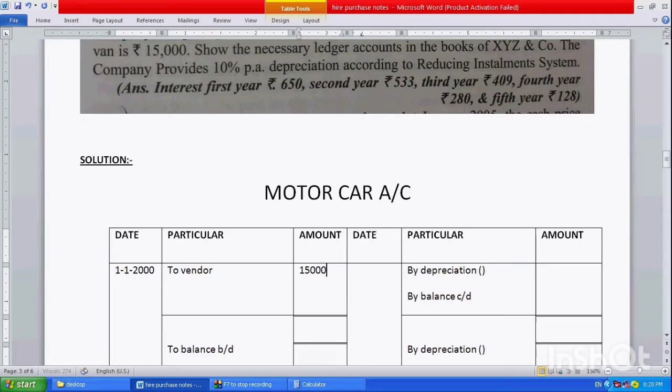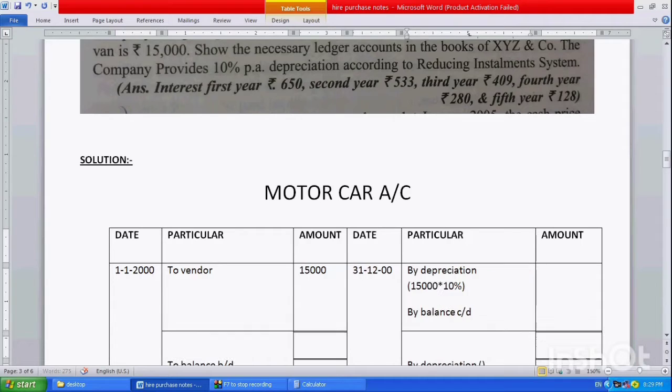So first January 2002 vendor, how much? The cash price of 15,000 and the depreciation is from 31st December 2000. Okay, the depreciation will be 10%. 10% means, of those 15,000 we have taken 10% as depreciation, means 1500.